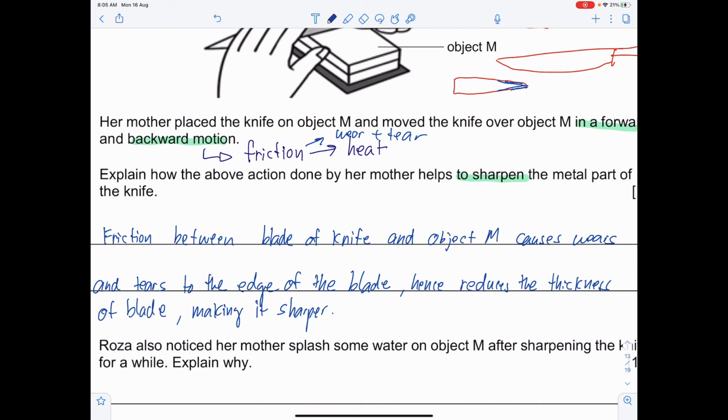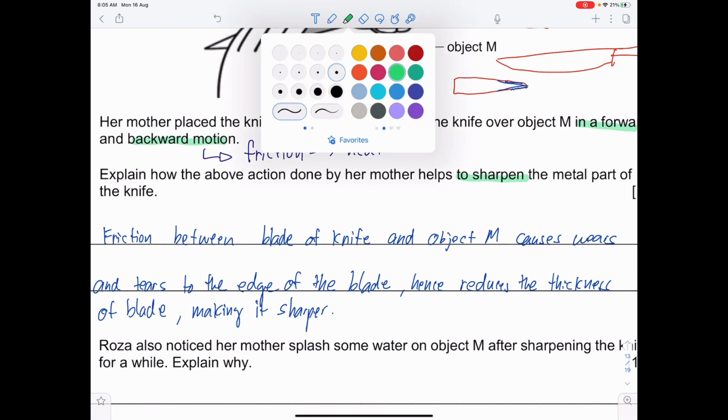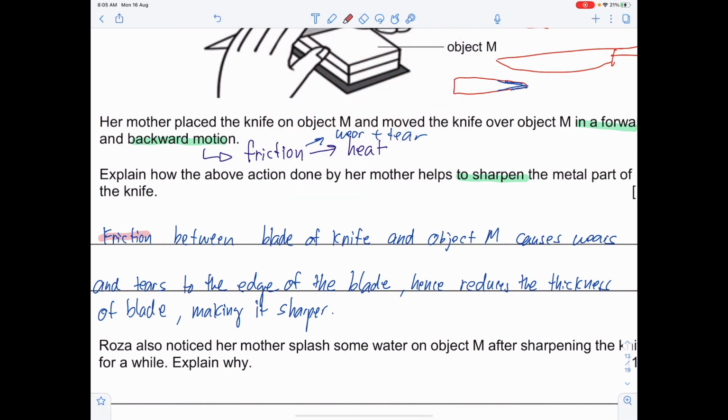Alright, so key ideas, I'm just going to quickly highlight it here. Obviously we talk about friction because we already identified that it's friction. But what is it that causes it to be sharpened? Make sure you talk about the wear and tear part. Also make sure the word between is there. Now I've mentioned this many times, but still there are nearly a third of the students to half the students not telling me friction between where.